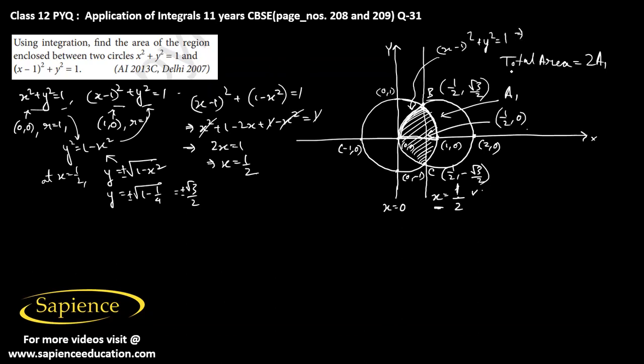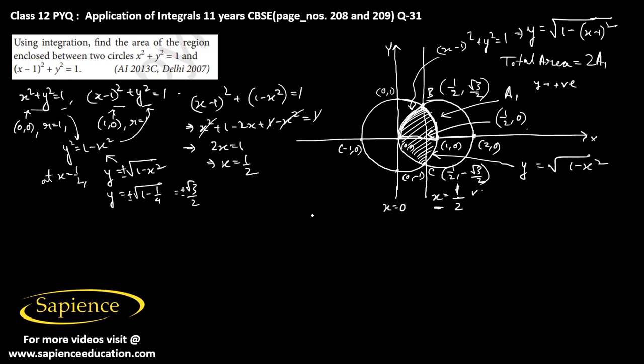So we can write it as y equals to root over 1 minus x minus 1 whole square, yes or no? Since we need y only in the first quadrant, y should be having positive value. And for this circle, we can write for the first quadrant, y will be equal to square root of 1 minus x square.